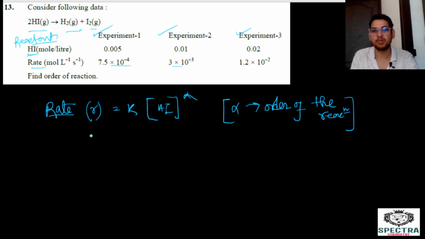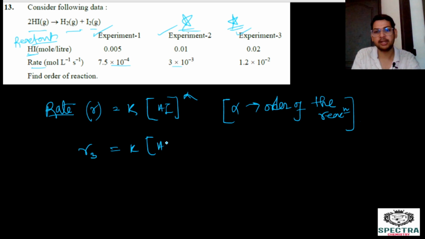You take any two experiments. I am taking experiment number 2 and experiment number 3. From experiment number 3, I get R3 equal to K[HI] to the power alpha, and R2 equal to K[HI] to the power alpha.